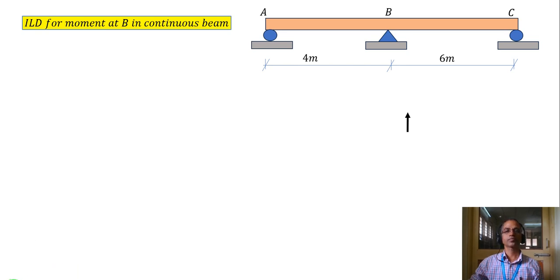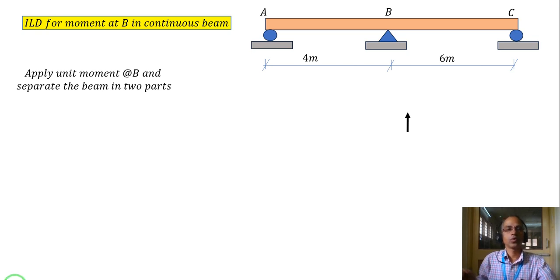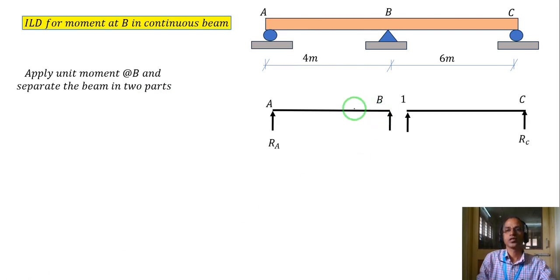Then what we have to do for a moment at B, I need to apply a unit moment. So apply unit moment at B and separate these two beams into two parts. So by that, what happens? This is separating the AB span and BC span, and apply a unit moment at each span.